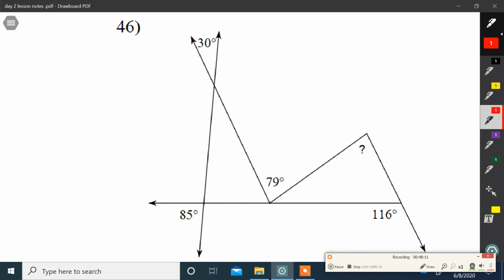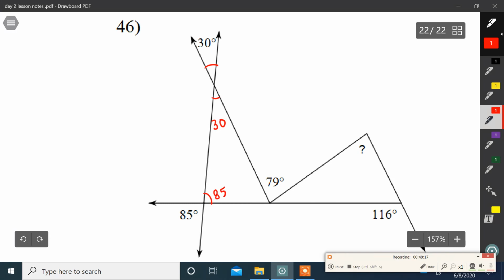We have, if this is 30, this will also be 30 as well. And this will be 85 as well. Okay, I need to figure out what this is right here. So I'm going to subtract 180 minus 85 minus 30, and that's going to be 65. All of this is going to add up to 180.